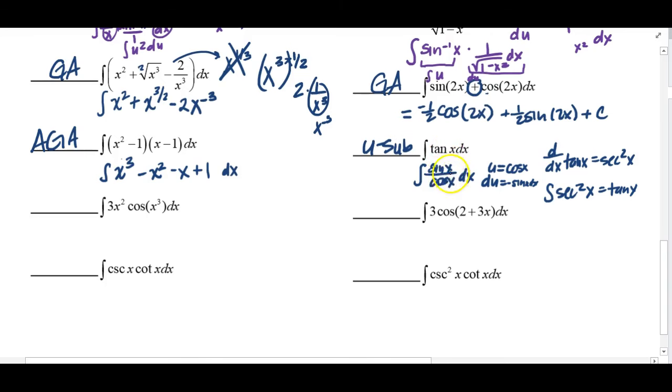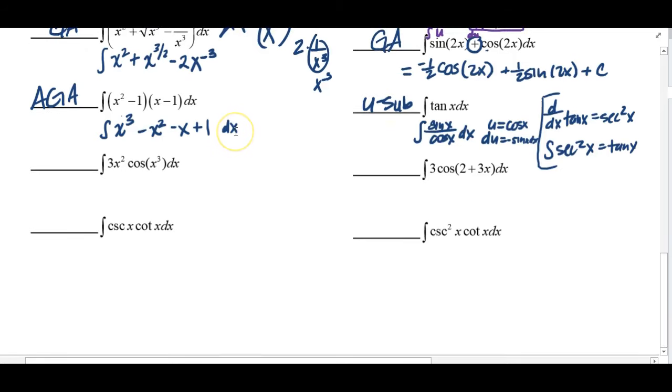But in order to do that, I had to rewrite tan as sine over cosine. So this is just a side note. It's a very common mistake on this type of problem, the forward and backward understanding of derivatives and antiderivatives. And now let's go ahead and take a look at the last couple problems.